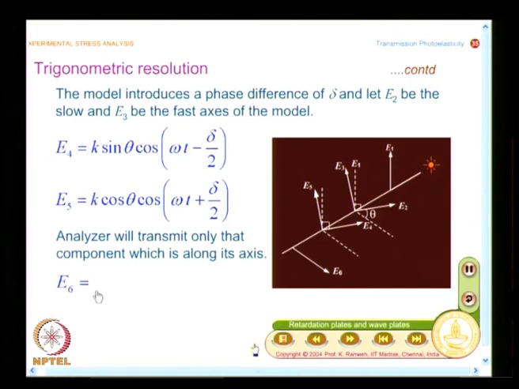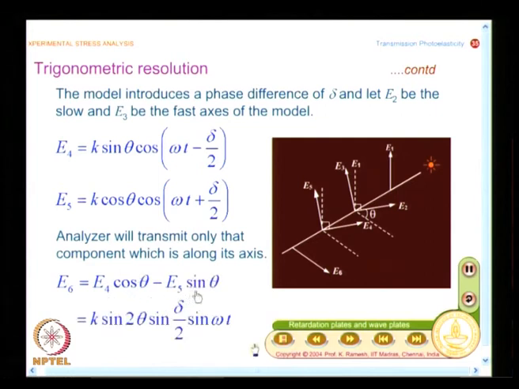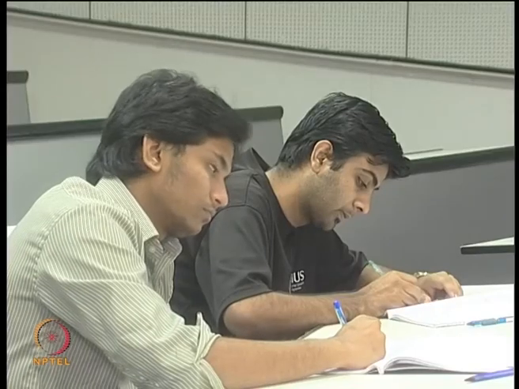We write an expression for E6 in terms of E4 and E5. And fairly simple, E4 cos theta minus E5 sin theta, which is also simplified.